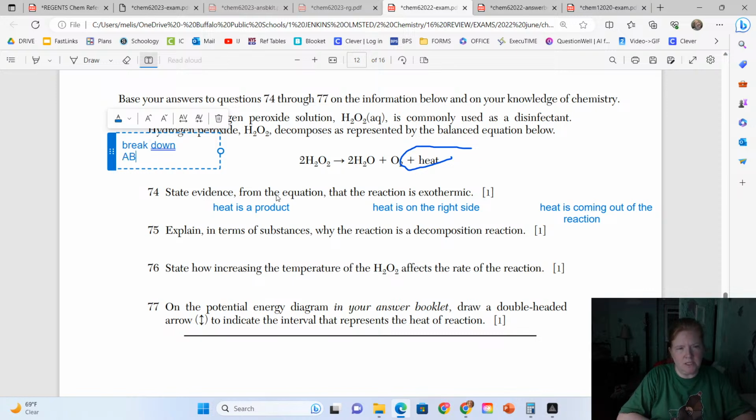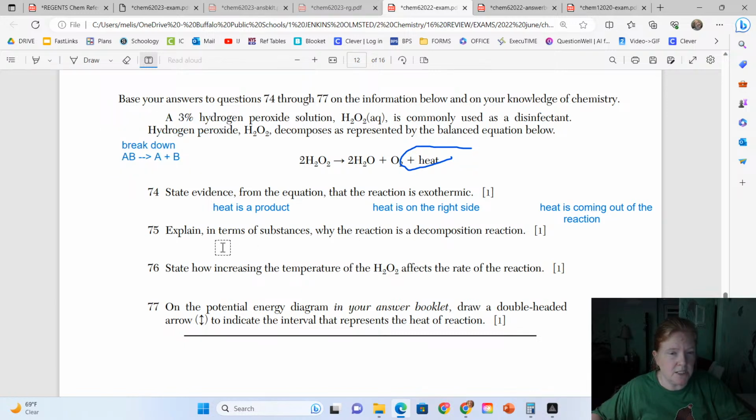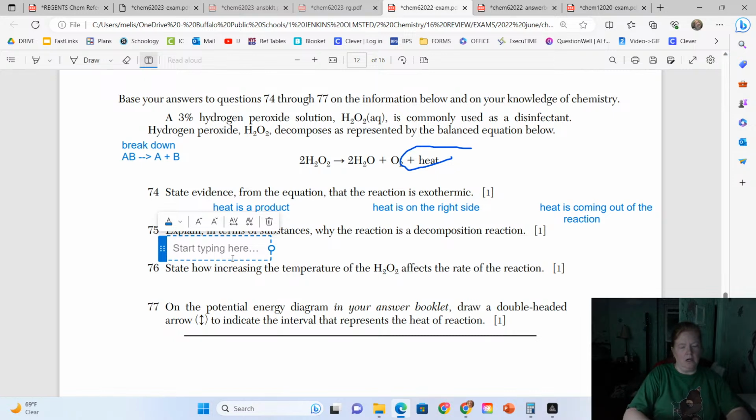So it means you start with something connected, and then on the other side, it's broken apart. You could just simply say 1 reactant and 2 products. 1 substance breaks apart.